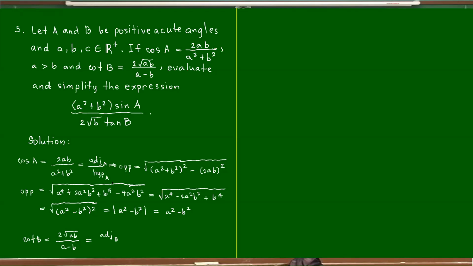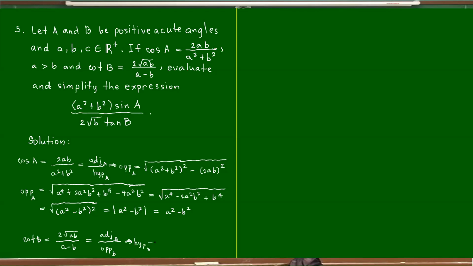Hypotenuse A, adjacent A. This one, adjacent to B over opposite to B. So what we solve is opposite to A. So now, what is missing? Hypotenuse. Is that correct, children? Yes, sir.